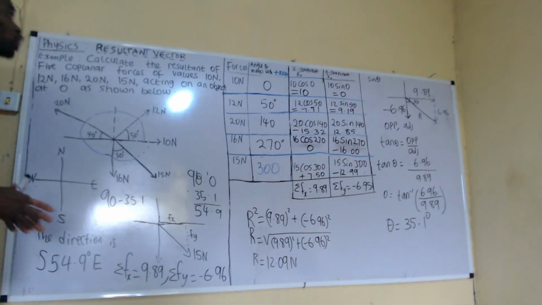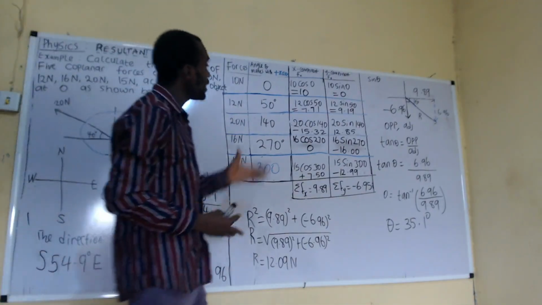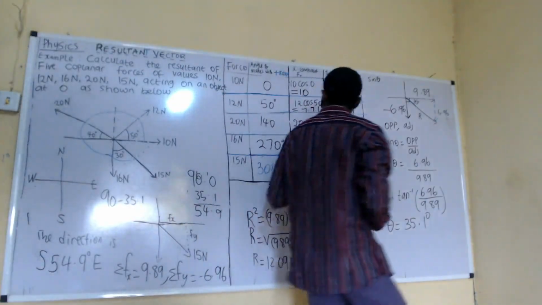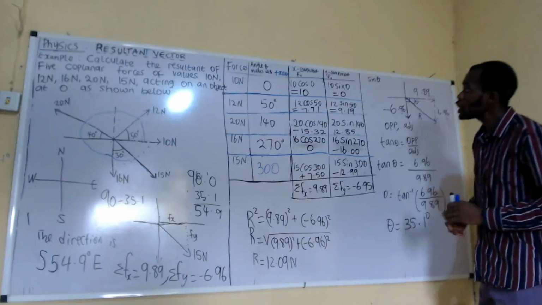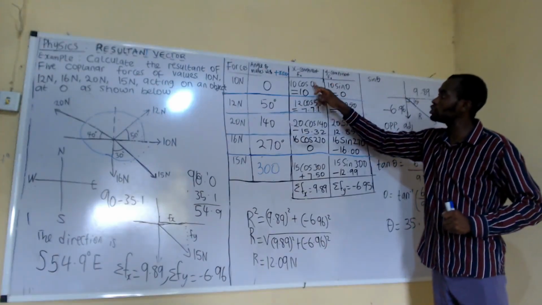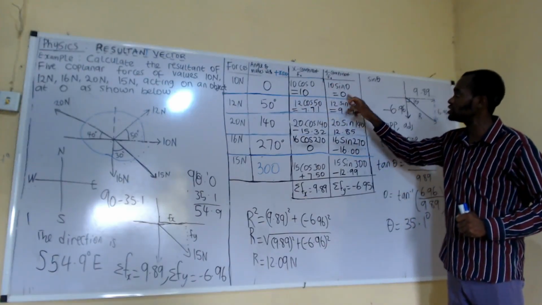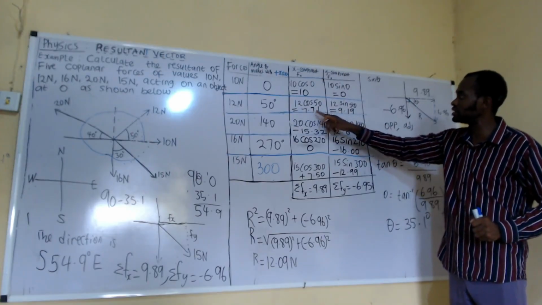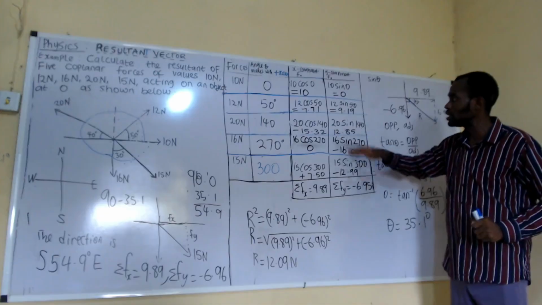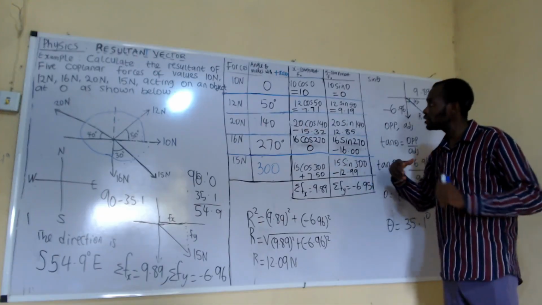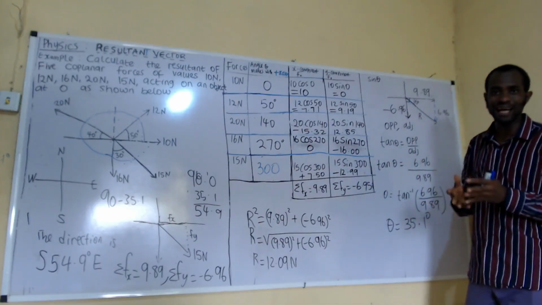With that done, I'll quickly write out the values for this table. 10 cos 0 is this, 10 sine 0 is this, and this is the answer of this. I've written out all of the answers.